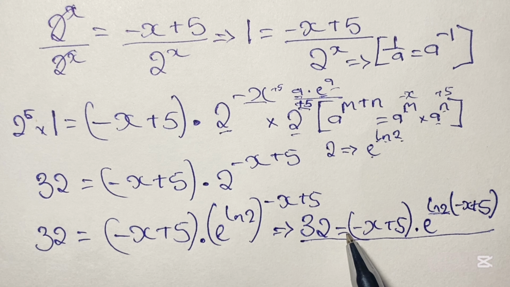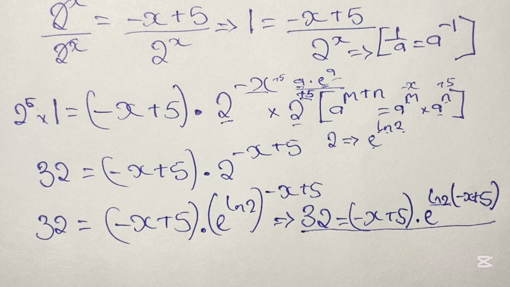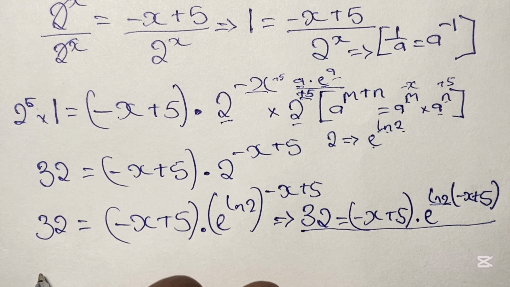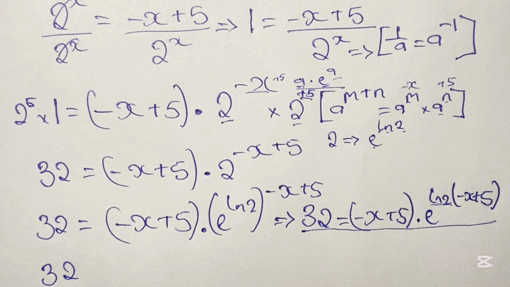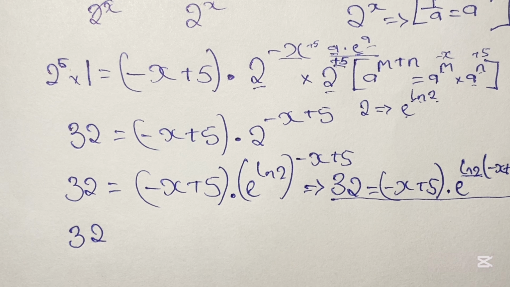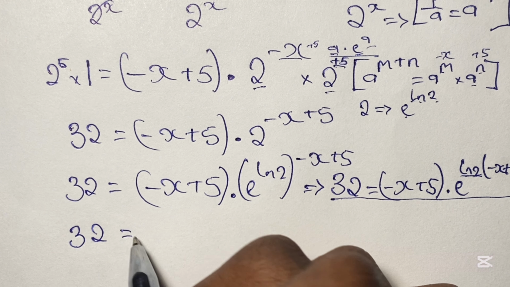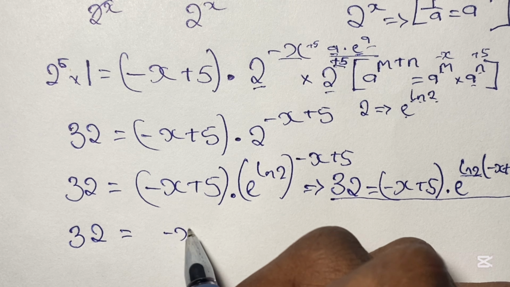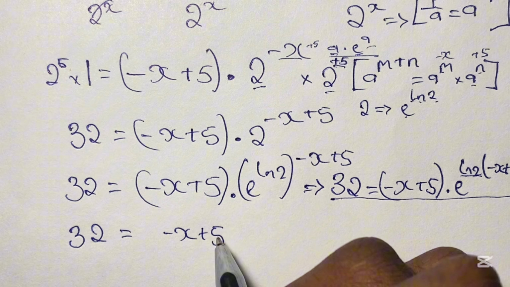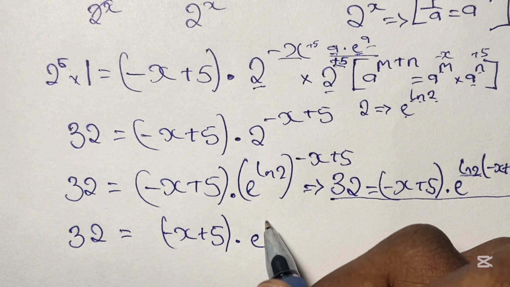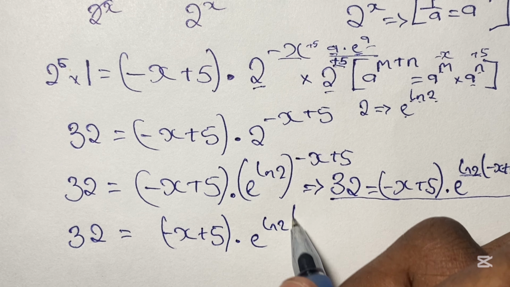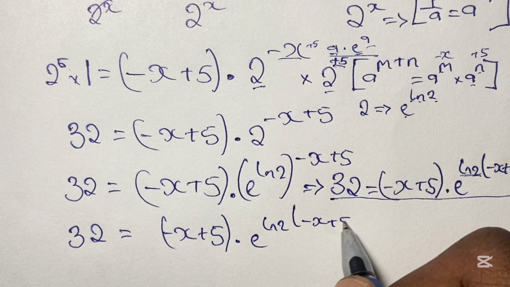We need to also multiply this by ln of 2. So from here we have 32 is equal to (negative x plus 5) in brackets times e to the power of ln of 2 in brackets (negative x plus 5).